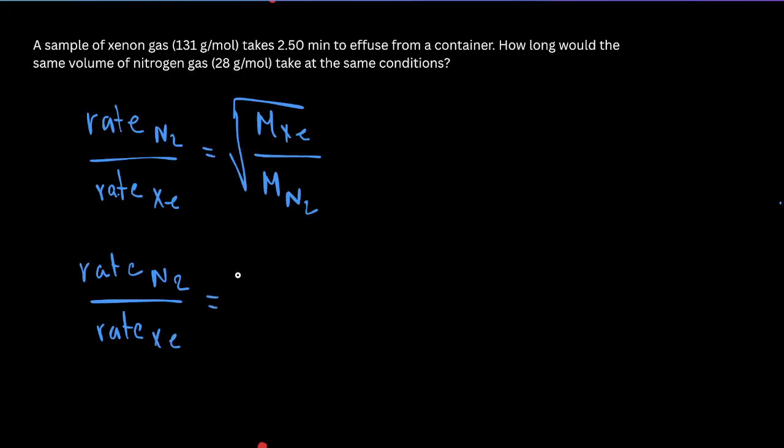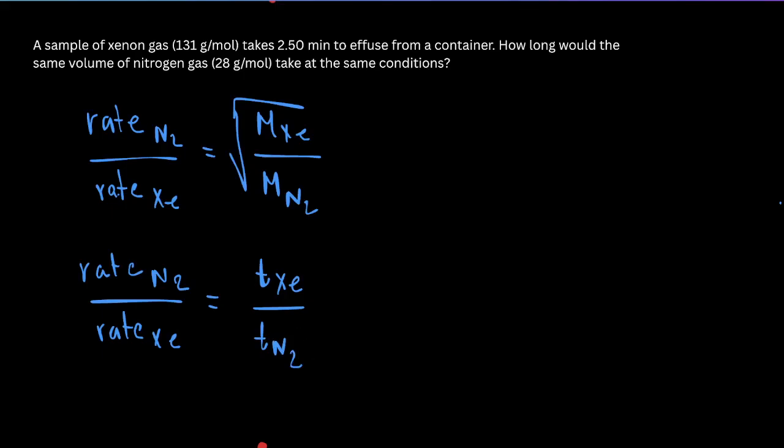These are inverse, because rate is just talking about speed. As you're going faster, it'll take you less time. If you're going slower, you have a lower rate, and the time it takes for these particles to effuse will be greater. So in this case, it again will be set up in this inverse fashion.